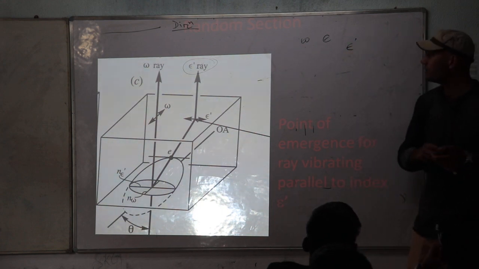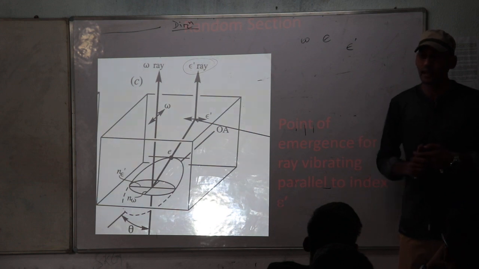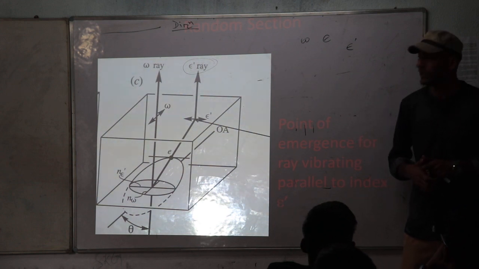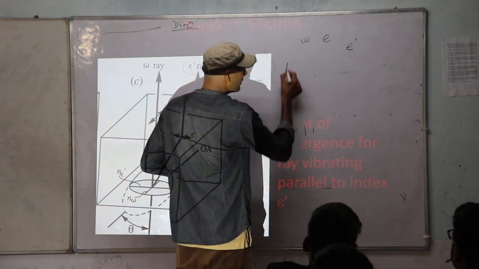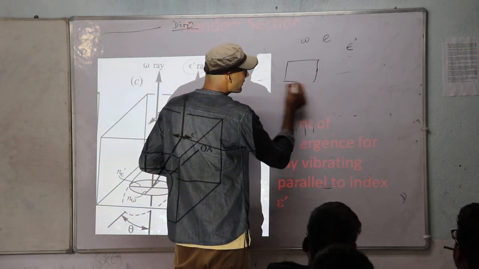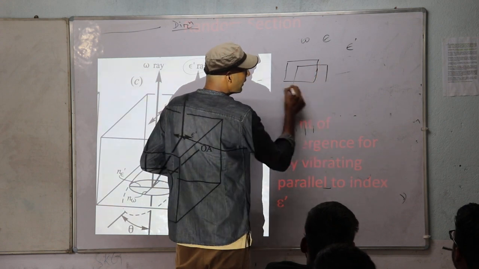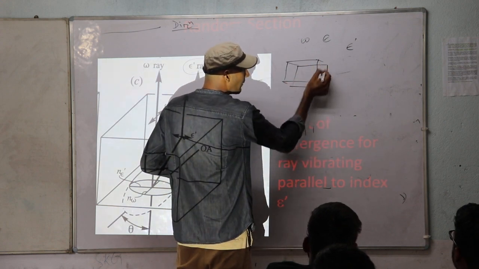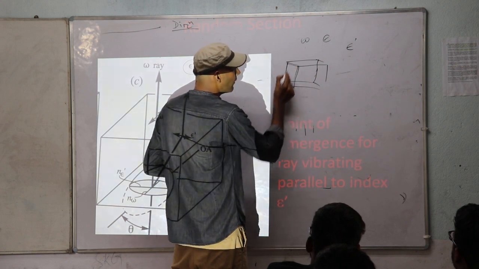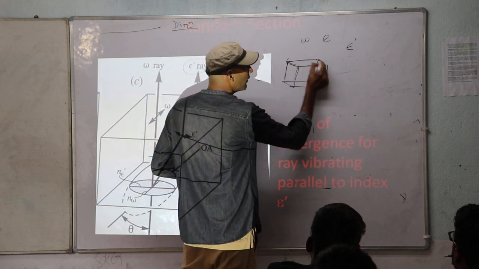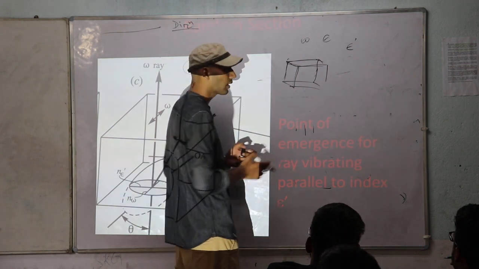That is another difference between ordinary and extraordinary. For the ordinary ray, the refractive index is the same for different sections of the mineral. This is a mineral, it is having different sections. One is this section, one is this section, one is this section. I am talking about principal sections.